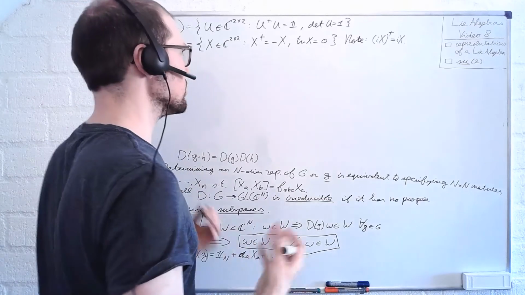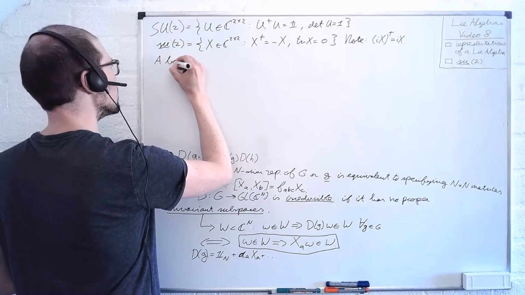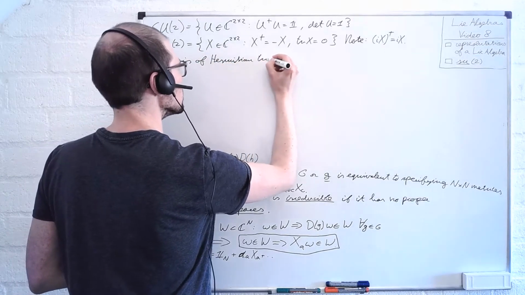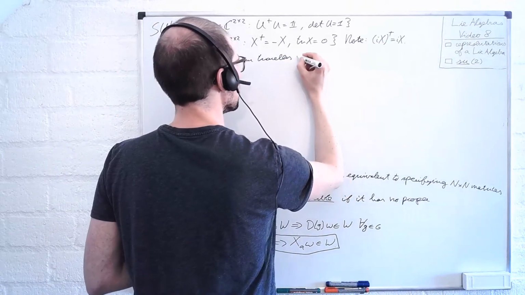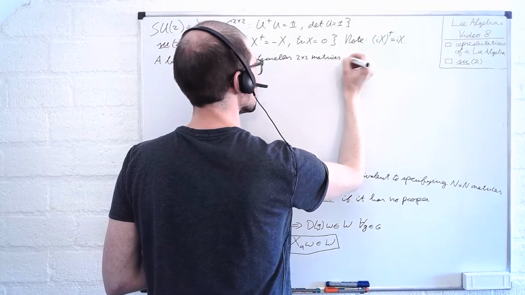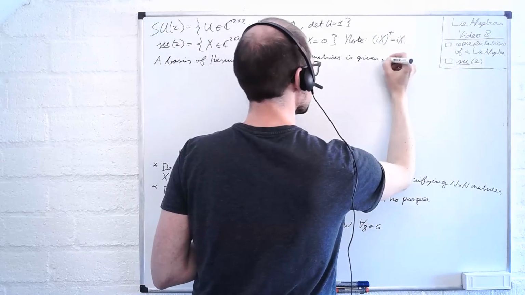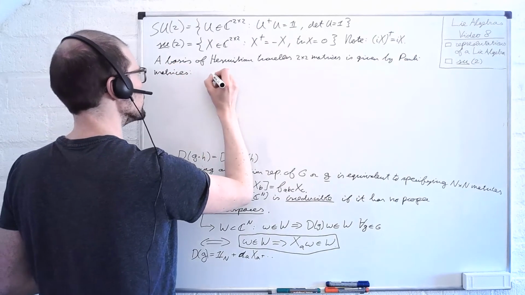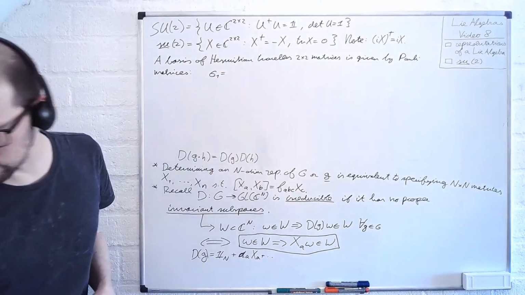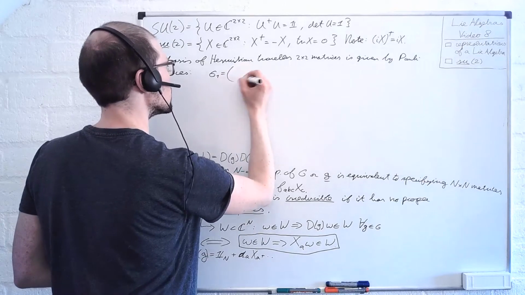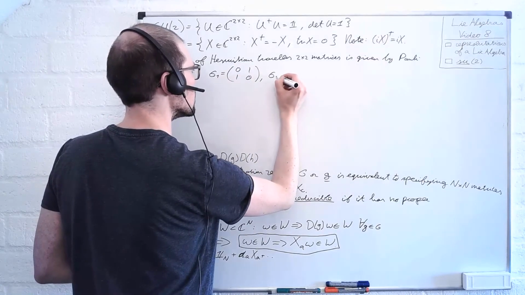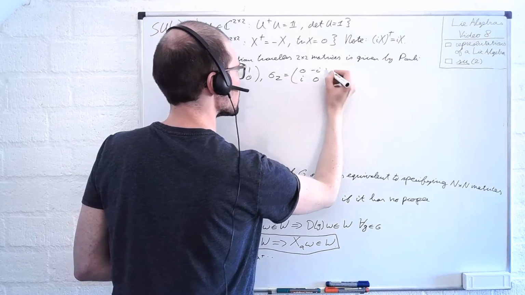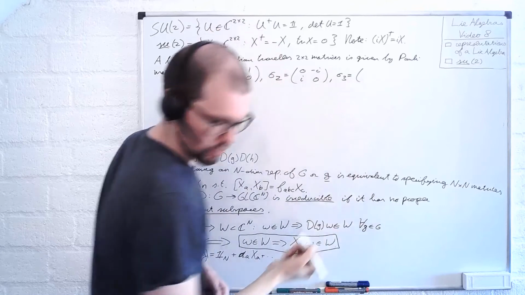And these we've encountered a lot in other places. In particular, a basis of Hermitian traceless 2 by 2 matrices is given by the famous Pauli matrices, which are, let me write them down for completeness, sigma 1, and sigma 3, 1, minus 1.